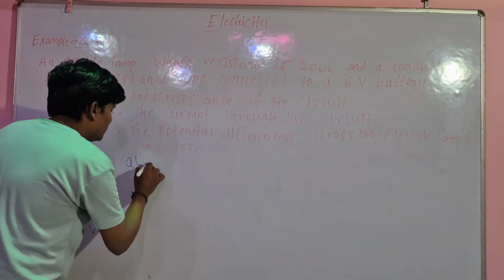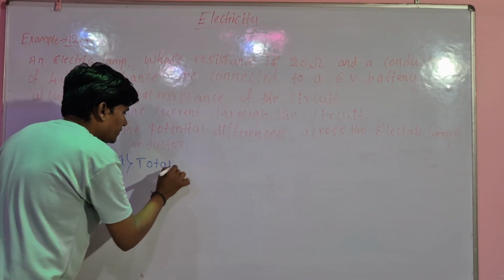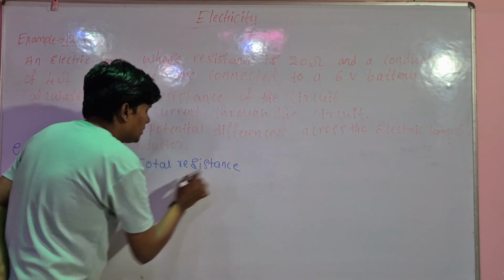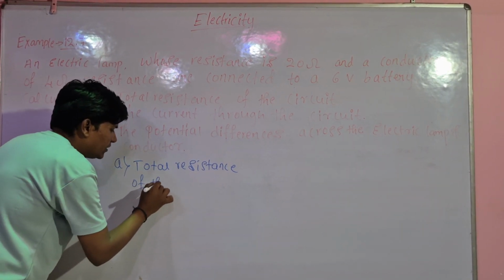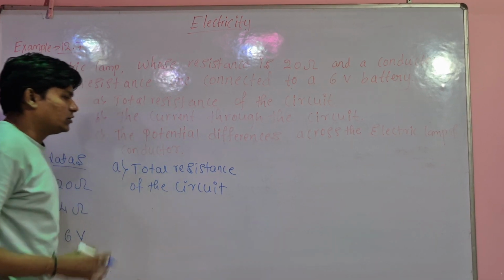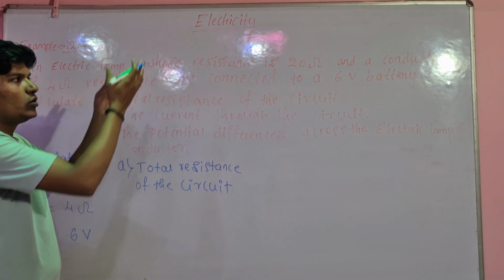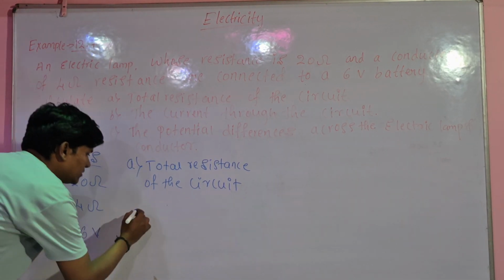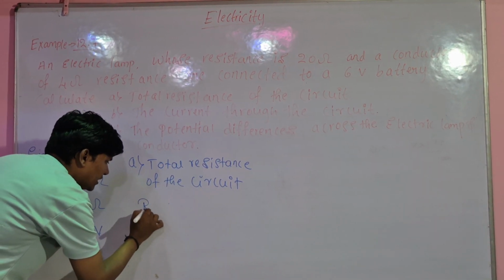The total resistance of the circuit. We know that the total resistance is nothing but the addition of the two resistances.